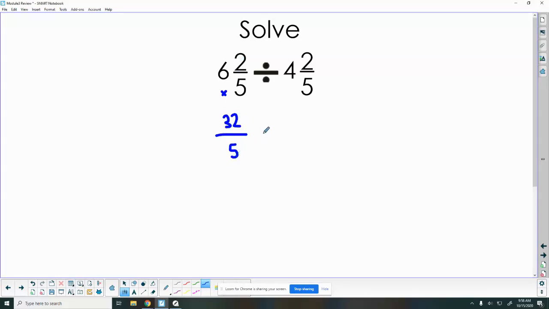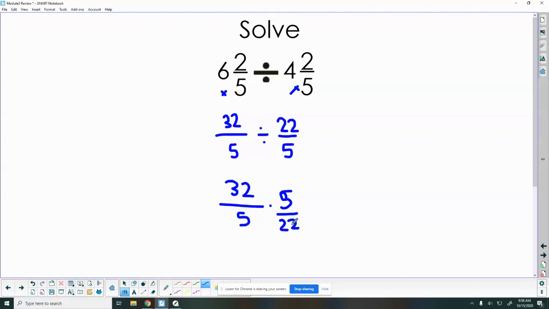My denominator stays the same. And I'm dividing by 4 times 5 is 20, plus 2 is 22/5. Now I need to copy dot flop. So this is where I use that multiplicative inverse.